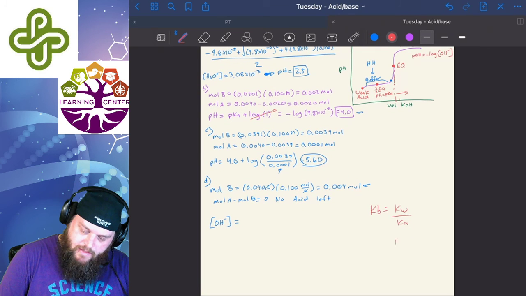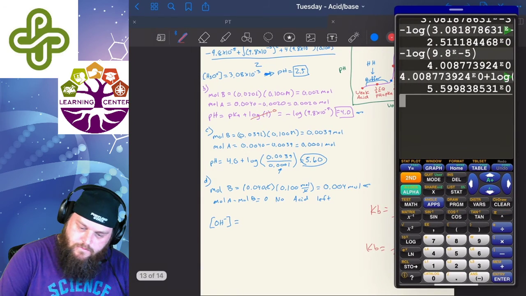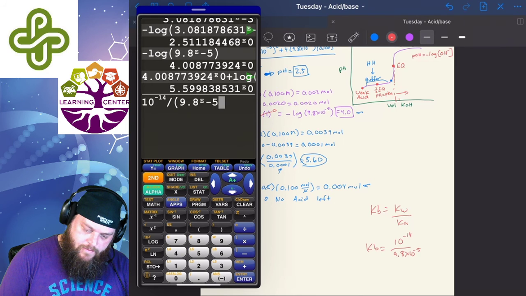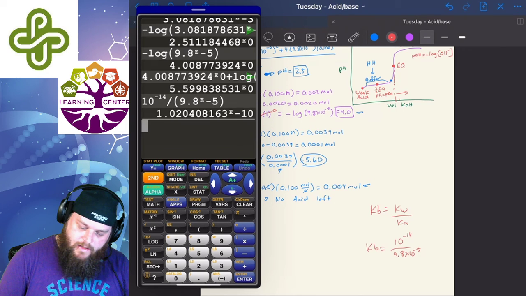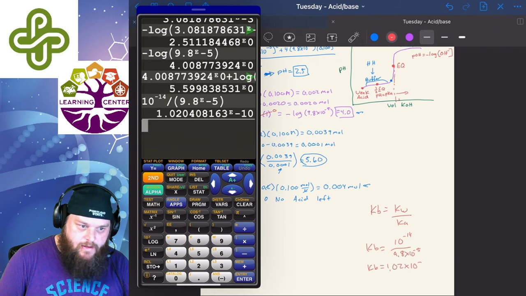So that's just going to be 10 to the negative 14 divided by 9.8 times 10 to the negative 5 is equal to Kb. 10 to the power of negative 14 divided by 9.8 e to the negative 5 is going to give us a Kb value equal to 1.02 times 10 to the negative 10.